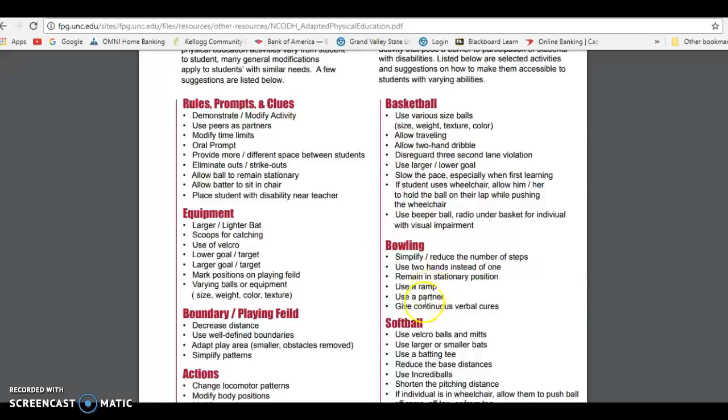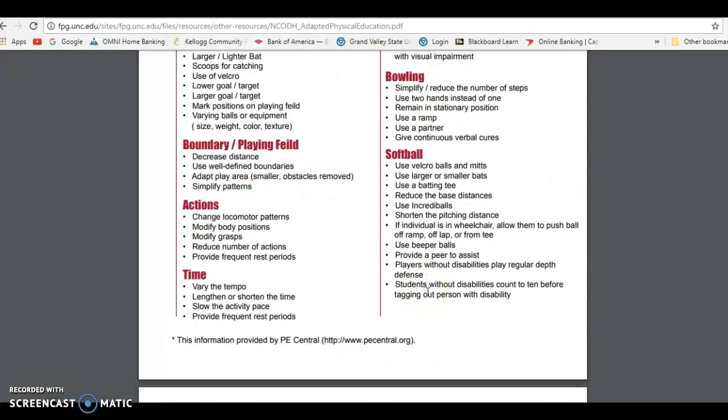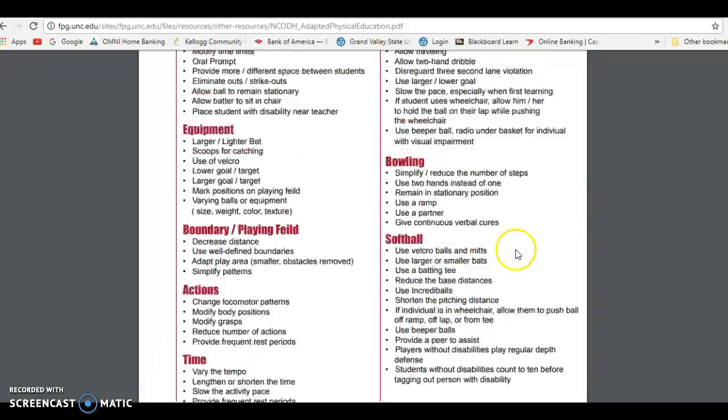With bowling, learners could use two hands instead of one, remain in a stationary position, and get help from a partner as well. And for softball, you can use Velcro balls and mitts and things of that sort.